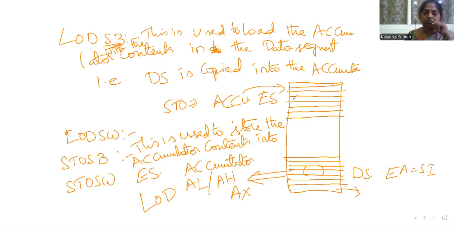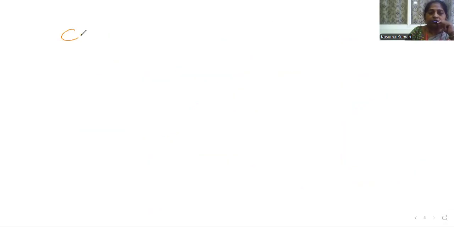For the extra segment, the effective address is available in the destination index in order to identify the memory location. Similarly, next one is compare string byte and compare string word, same as this set.